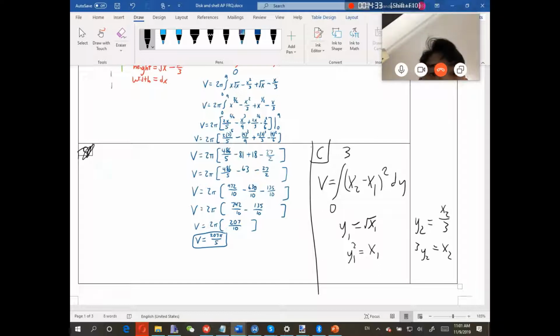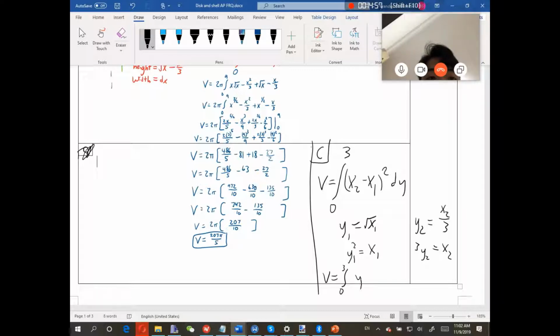Since we're moving up in a line, our y values will always be the same. So I could rewrite our formula for volume as the integral from 0 to 3 of x2 minus x1. I want top minus bottom, so this is actually my top.